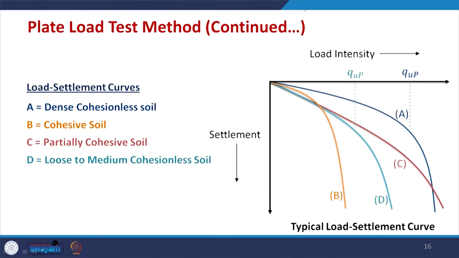As the load intensity increases, the settlement also increases, but there is no linear relation. If you see A, which is for dense cohesionless soils, that means granular soils, there is a clear peak where the load increases, and you could see that there is a change, kind of a jerk, from this point completely changed.